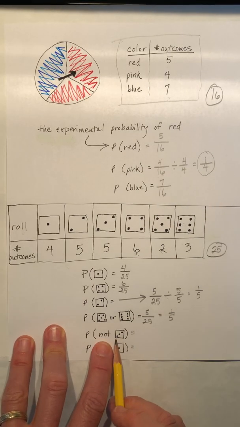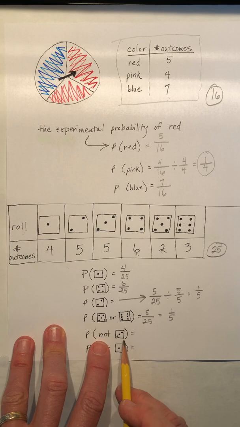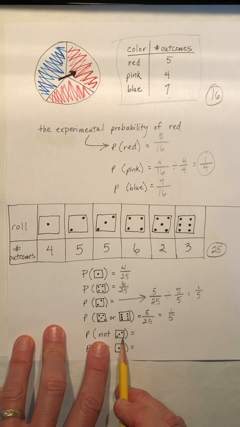So what's the probability of not getting a 3? What's that mean? That means what's the probability that I got anything except a 3? So I want to know the number of rolls in which I did not roll a 3.